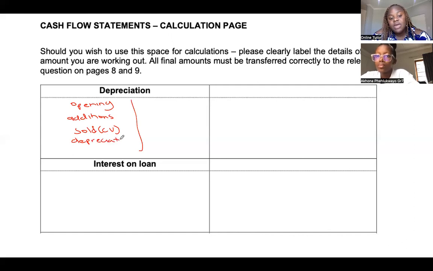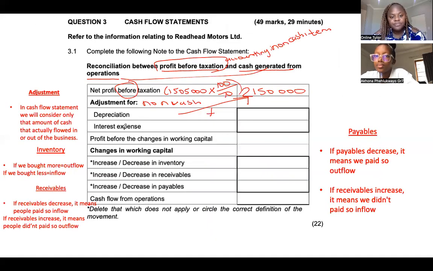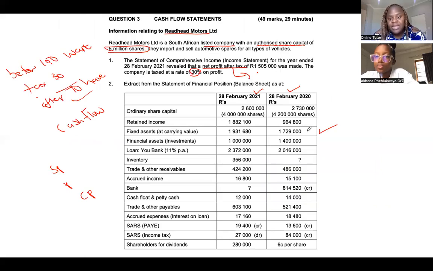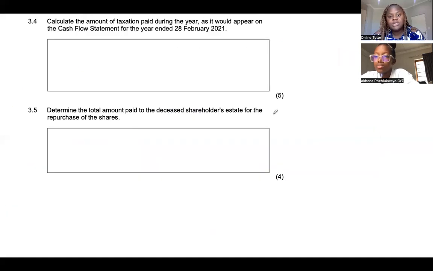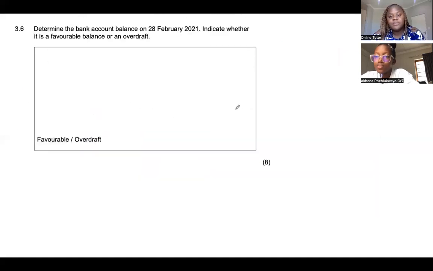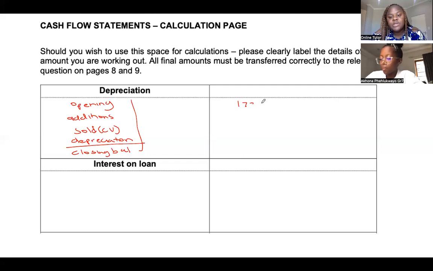And then at the end we would have our closing balance. Correct? In this case, your opening balance, they told you over here, is 1,729,000. Okay, so let's put that in. So opening 1,729,000.